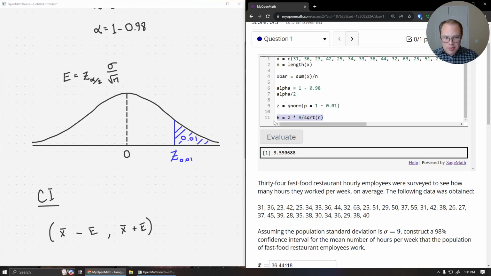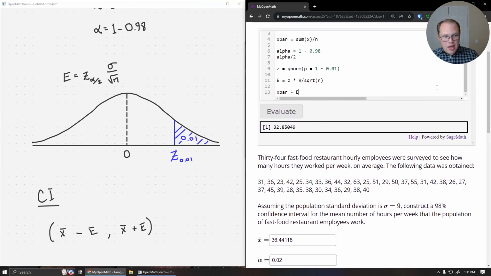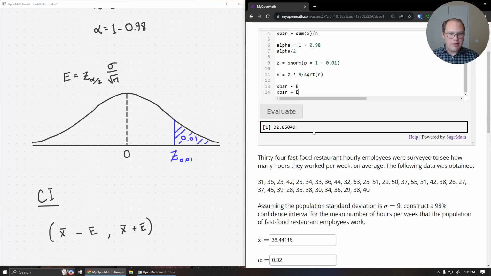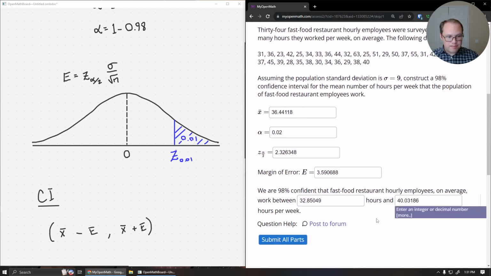E is a variable in my calculator, so I don't even have to think about what the numbers are. All I have to do is type in x bar minus my margin of error for my lower bound. So that's the smaller number first. And then my upper bound is x bar plus my margin of error. And that is my upper bound.